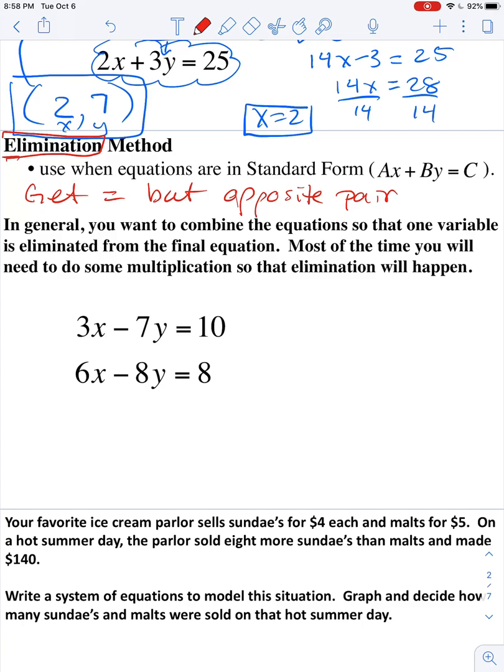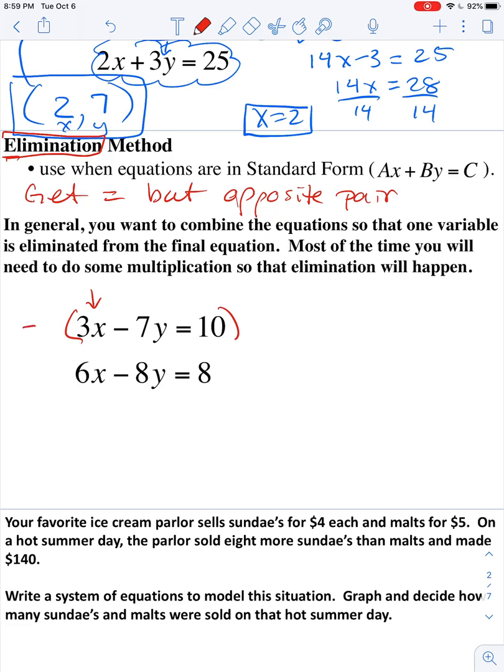You only have one tool in your toolbox to get them ready to eliminate, and your tool is multiplication. So if I'm looking at this, I look at my two sets of variables, 7 and 8 or 3 and 6. Since my only tool is multiplication that I can use to get them to be the same, I'm going to go ahead and pick 3 and 6 because I can make them equal one another much easier.